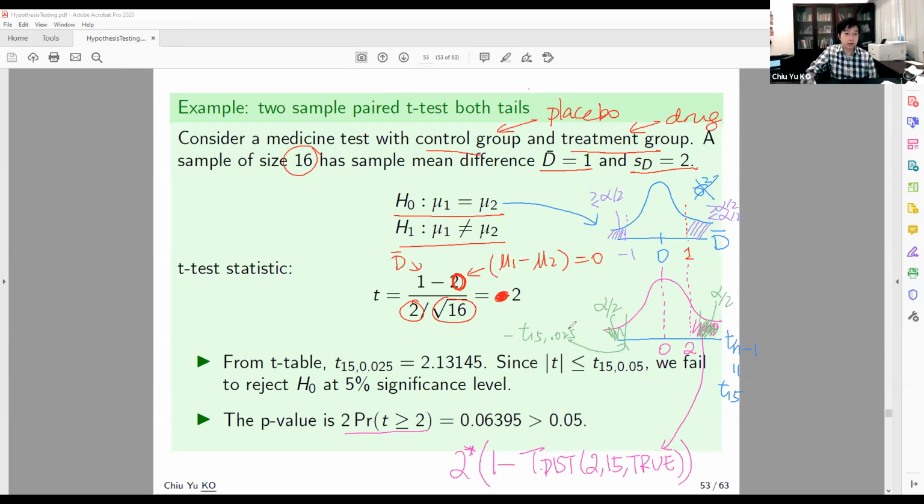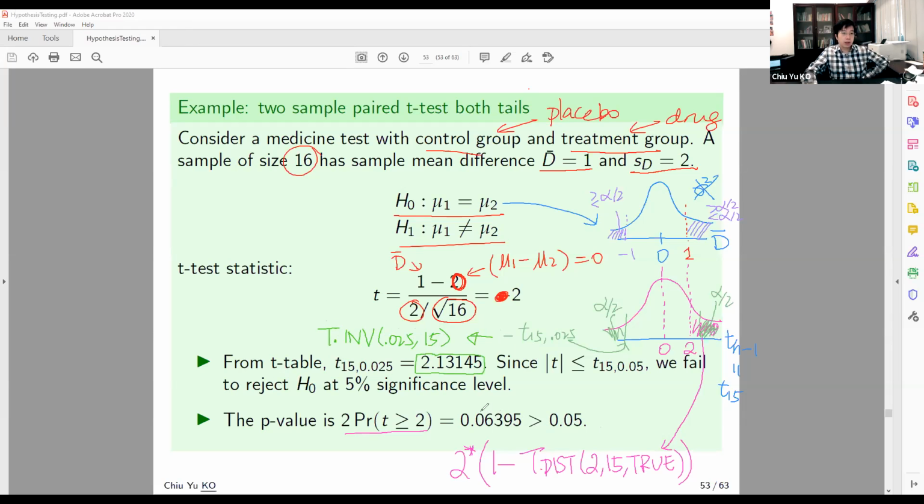In Excel, it will be T.INV of 0.025 with df equal to 15, which will give you negative 2.13, which is this answer.